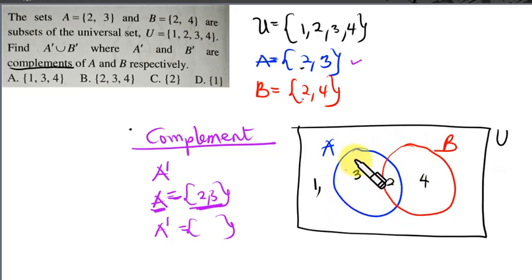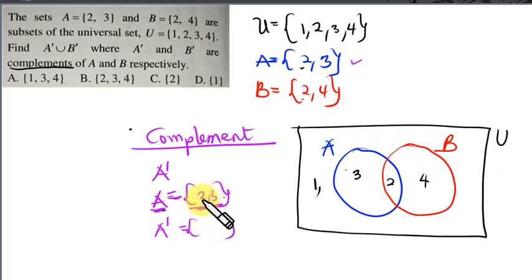All right. So when we're talking about A complement, we are talking about a set of elements that are not in A, but they are in the universal set. So the set A is 2, 3. A complement means what is not in A, that is not A. So it means, what are the set of elements that add to the set A to make it a full universal set?